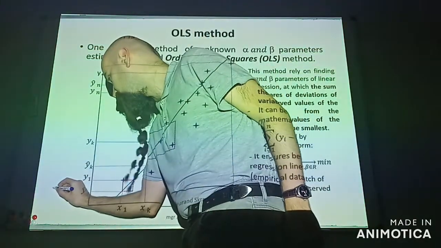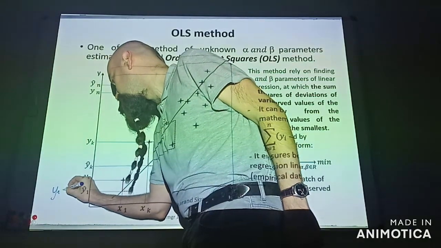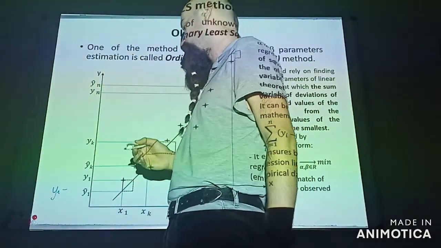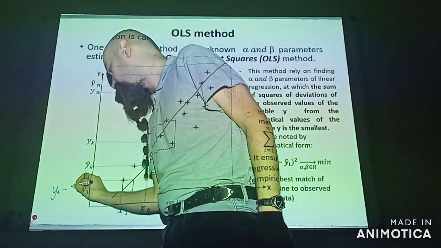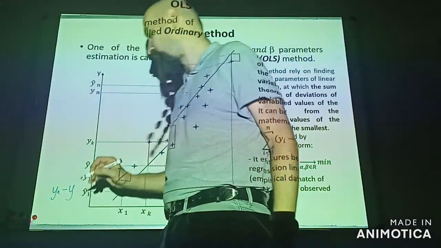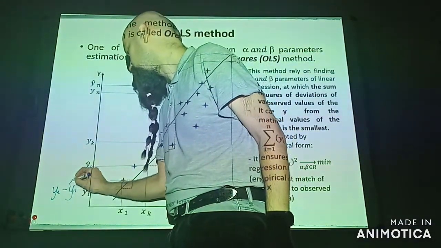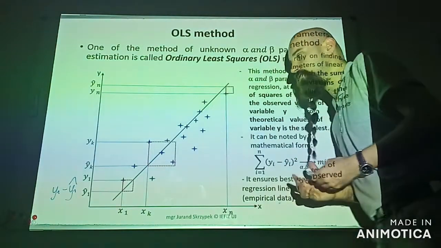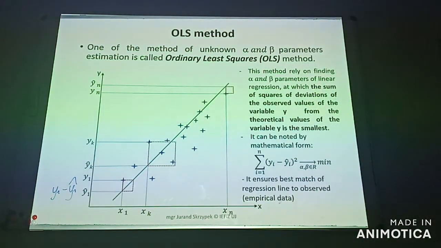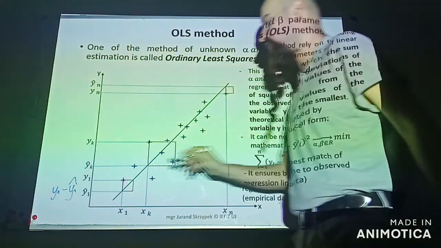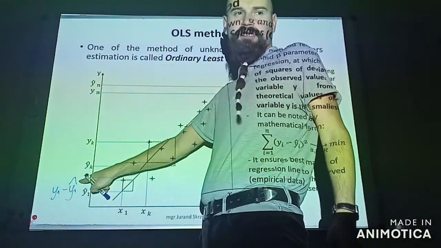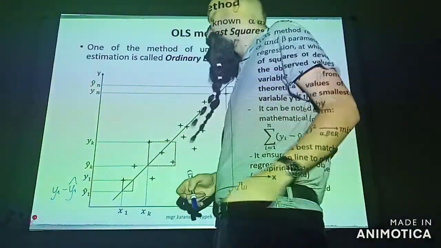In the first example, we have the deviation between the empirical value of y1 and the corresponding theoretical value of y1 with a roof. Theoretical means value with a roof.